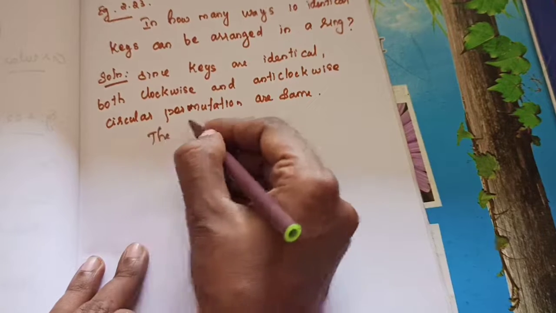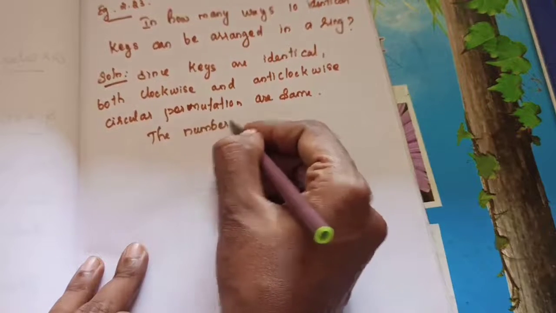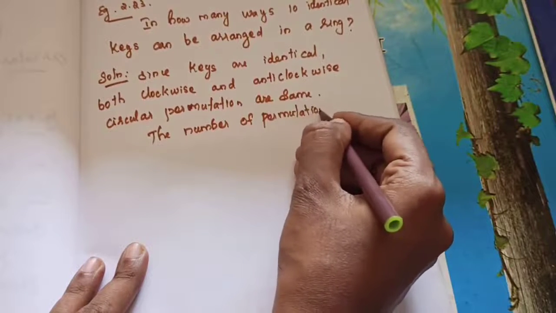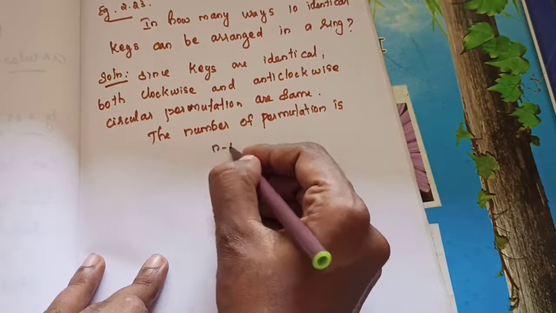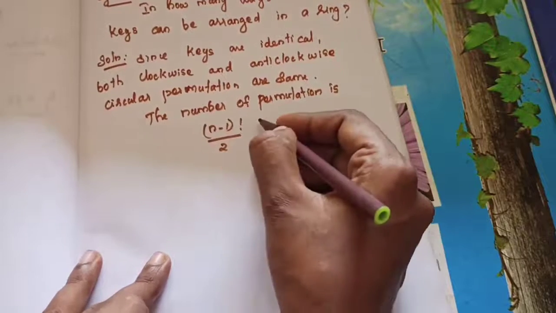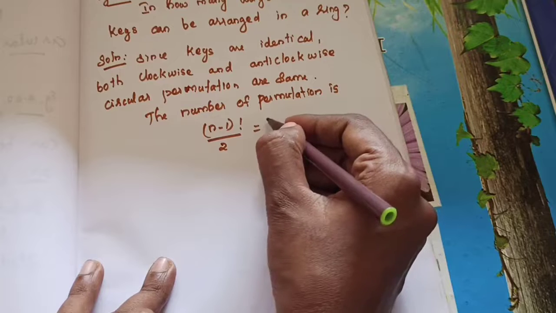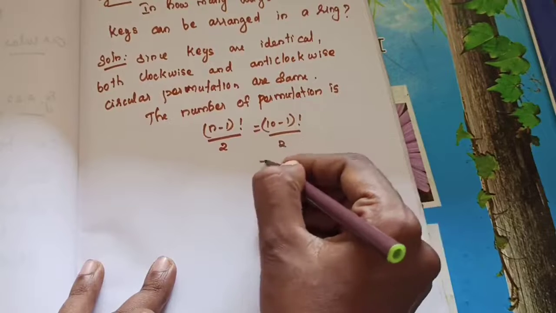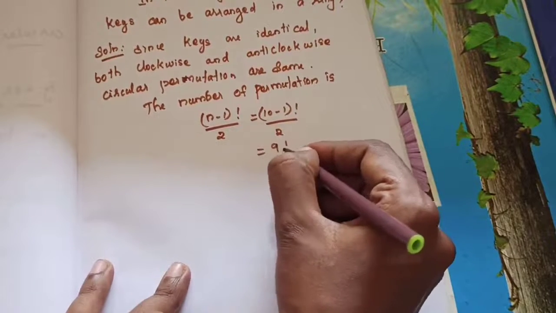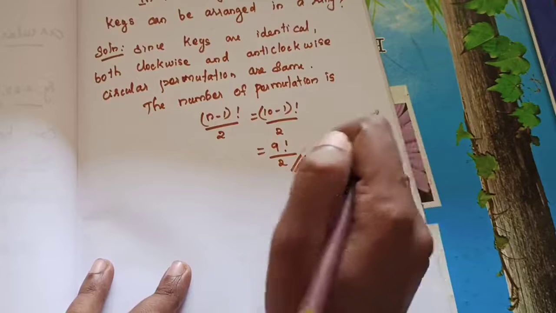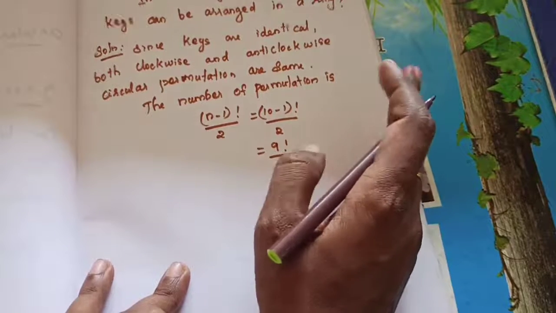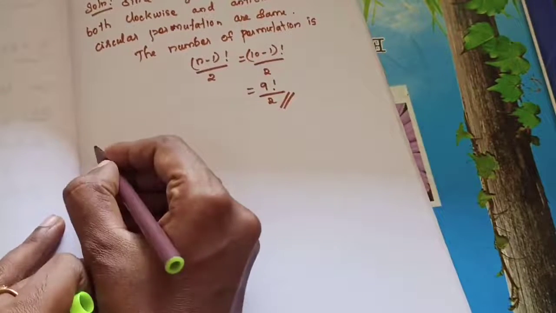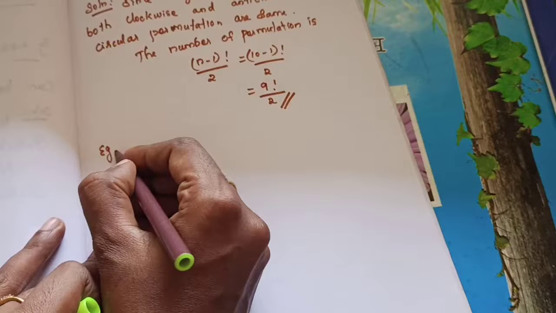So how do we find the number of permutations? The formula I just taught is (n minus 1) factorial by 2. What's the n value? Here it is 10. So (10 minus 1) factorial by 2, which is 9 factorial divided by 2. You can find the 9 factorial value, divide by 2 and write the answer, otherwise you can leave it like this. The next question is very important; they will ask it for 2 marks as well as 3 marks.